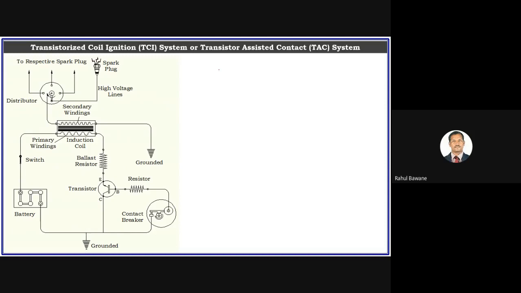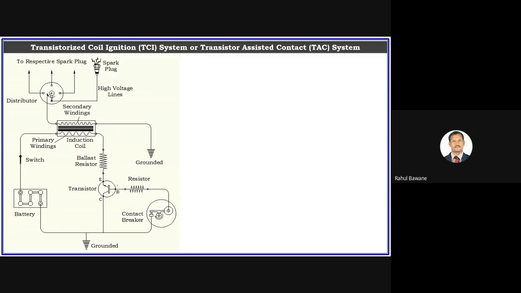This is a schematic, and in the schematic we can observe that there is a battery and induction coil as in a battery ignition system. Only here there is one transistor. In this, the emitter is connected to the primary through a ballast resistance, the collector is connected to the battery, and the base is connected to the contact breaker point.